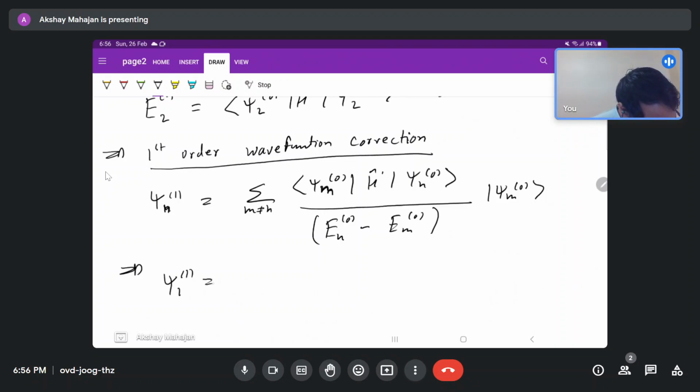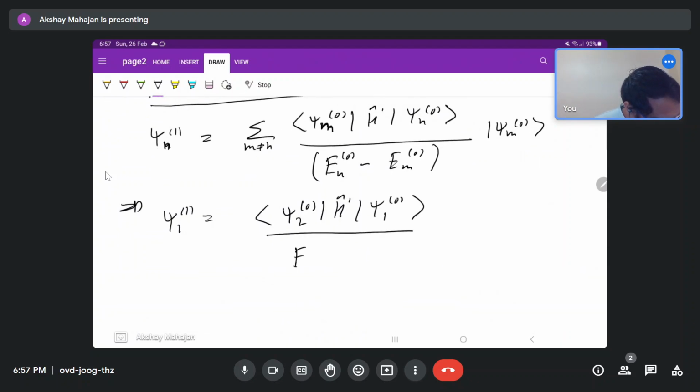Okay, so using this general formula, psi 1 of the first order will be just equal to psi 2 of the zeroth order H cap prime psi 1 of the zeroth order divided by E1 of the zeroth order minus E2 of the zeroth order.